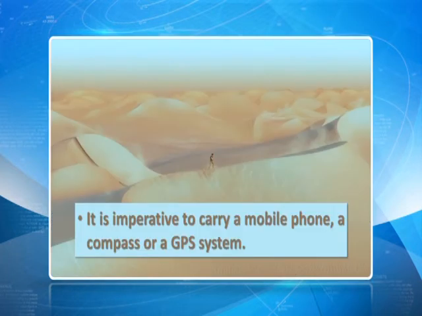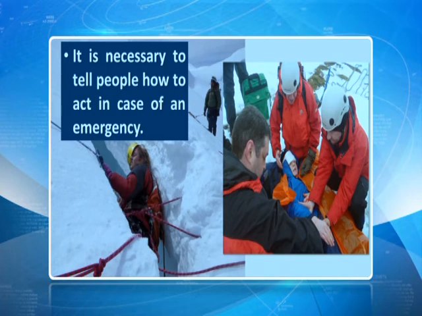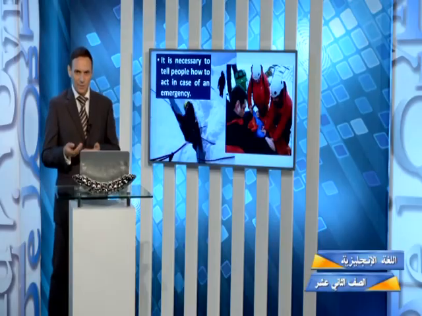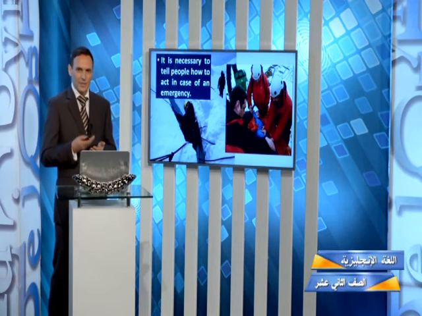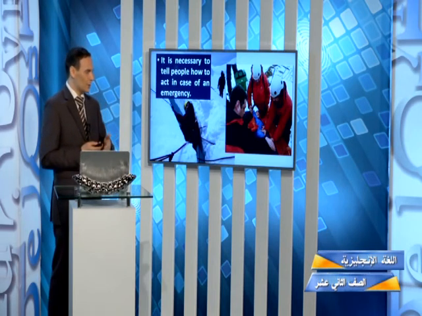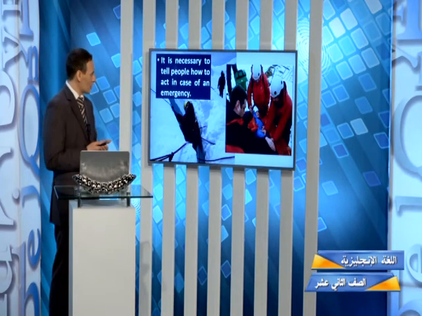Now, it is imperative to carry a mobile phone, a compass, or any sort of GPS system. It is also necessary to tell people how to act in case of an emergency. So in case something goes wrong, then you have to call someone, and don't expect that people will know what to do. So tell them exactly who to contact, who to talk to in case something goes wrong and you get injured.